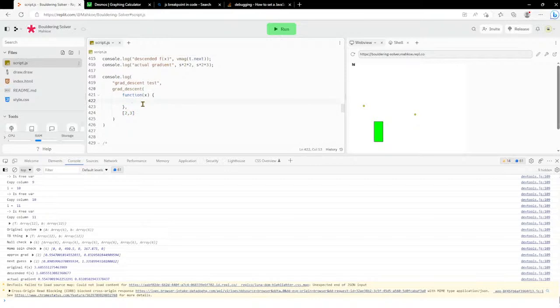And let's just do return vmag. Let's try square because it seems harder.